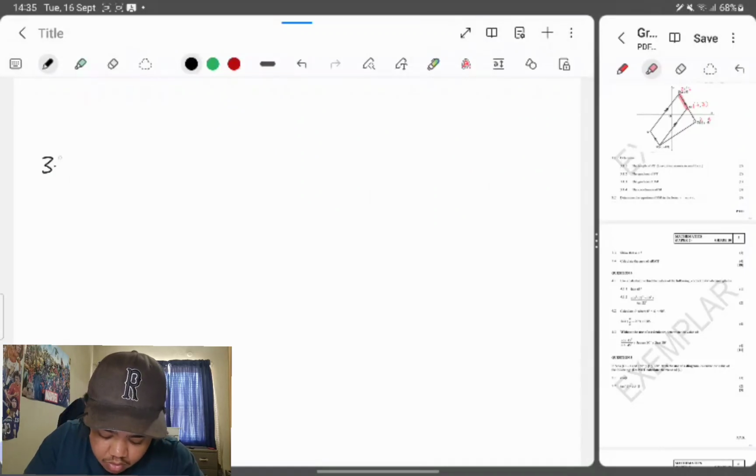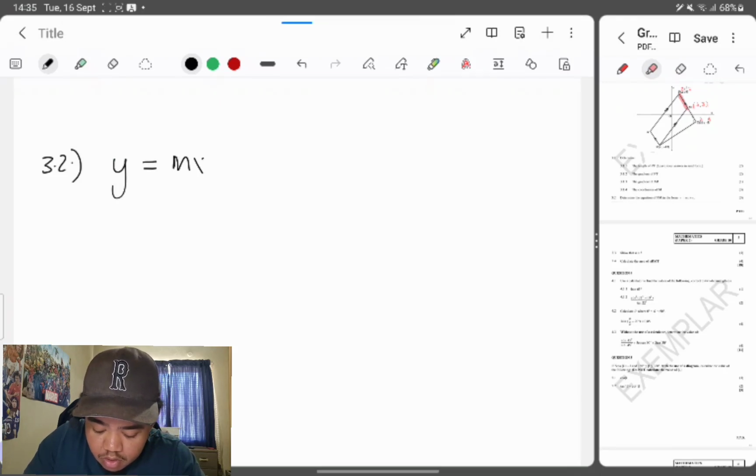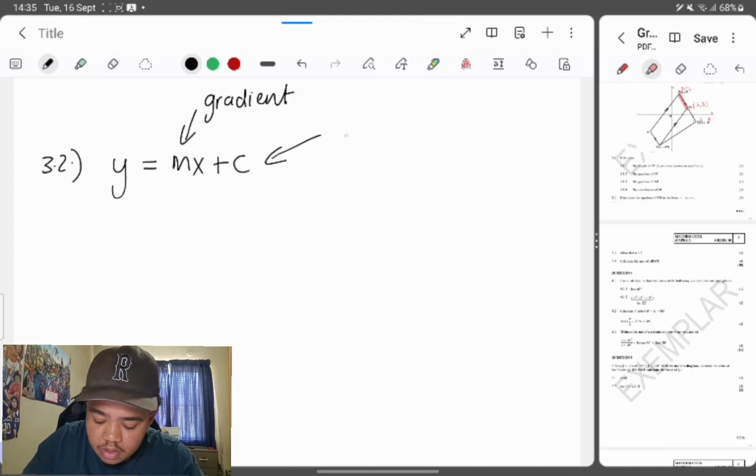Question 3.2. You write down your standard formula, y equals mx plus c. You need to know that m stands for gradient, and c is your y-intercept.